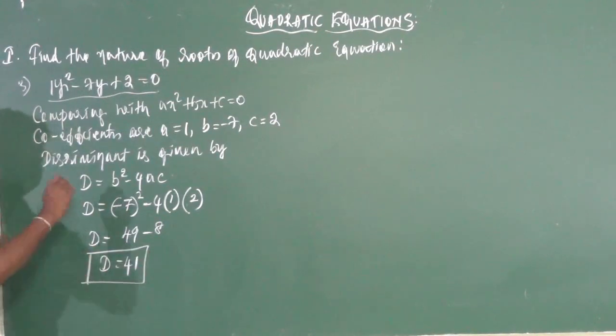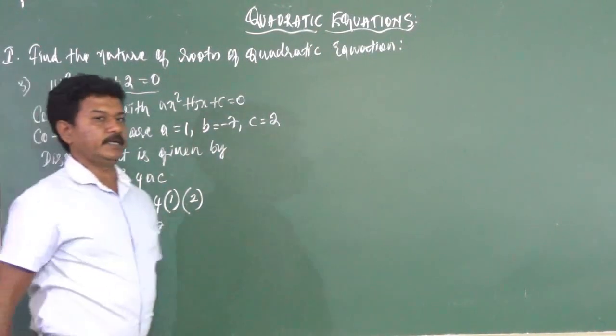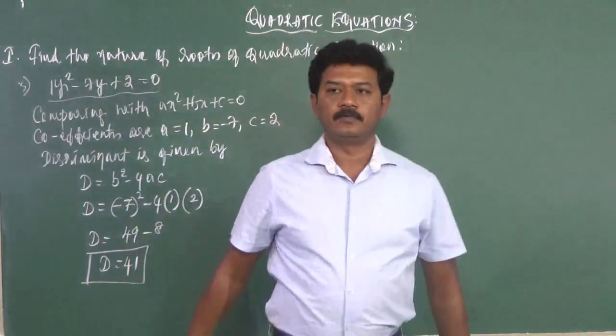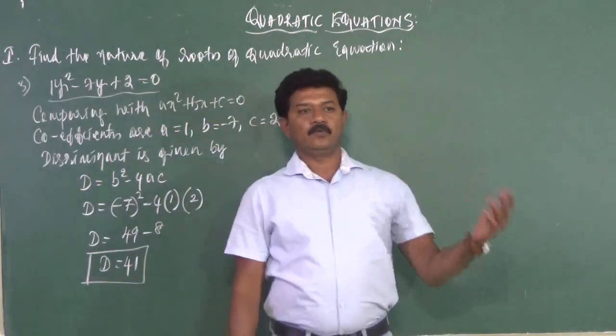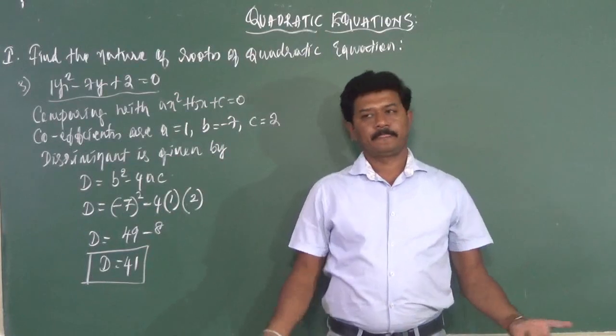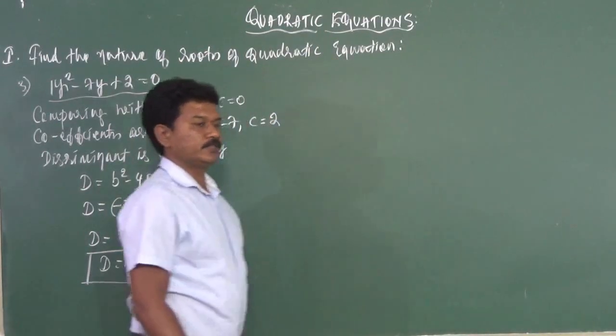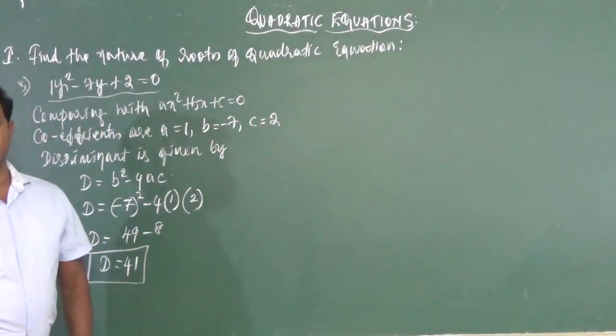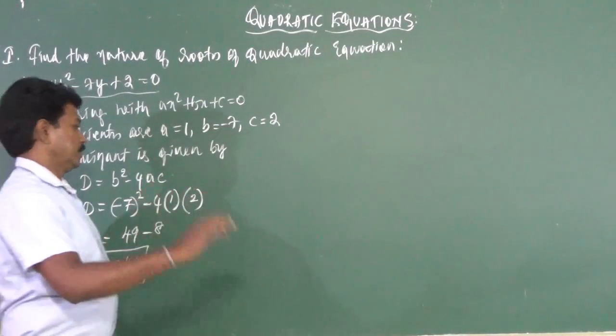Let us decide. D is 41. 41 is a number greater than 0 but not a perfect square. So what is your conclusion? Roots are real and irrational. Exactly.